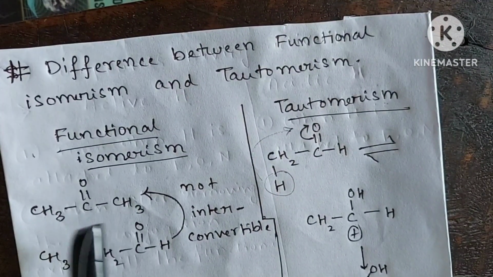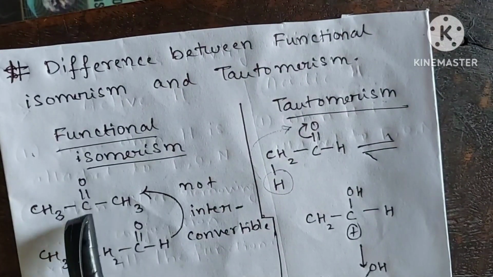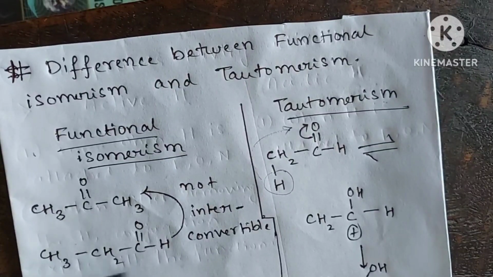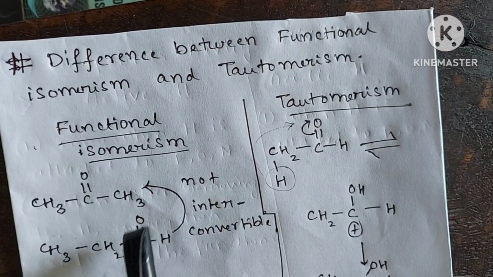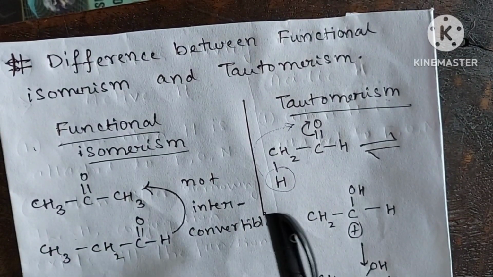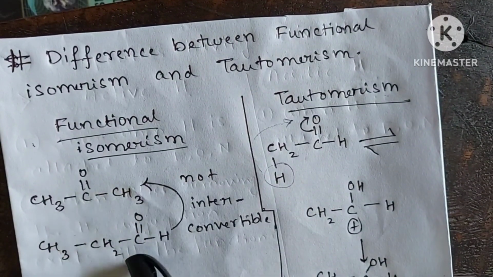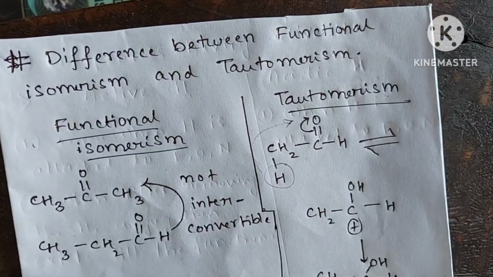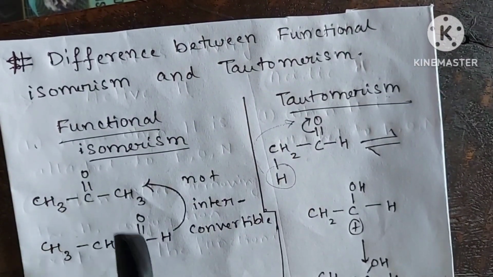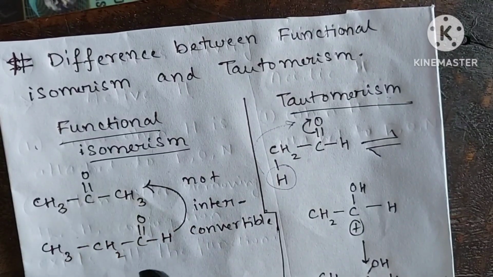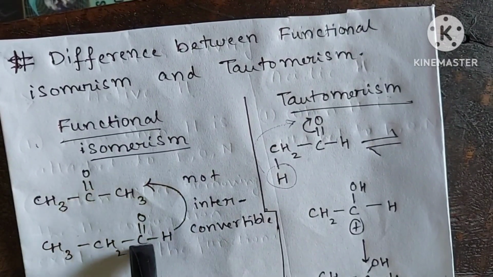Here I have made a compound that has a keto group, and this is an aldehydic compound. See these two structures carefully. We will see that these are not interconvertible. So in the case of functional isomers, the isomers will not be interconvertible. They cannot be converted into one another.